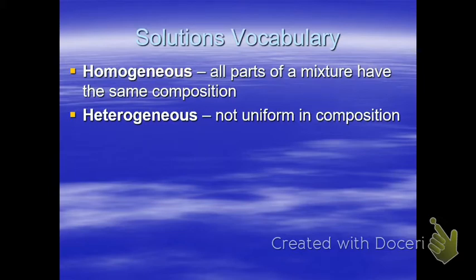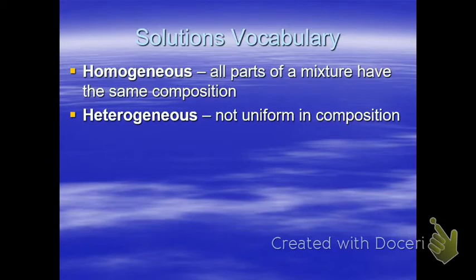Homogeneous means the things that you are mixing are evenly mixed, that there's a uniform composition through this mixture. Like if you dissolve lemonade powdered mix into a gallon of water and you stir it up and stir it up and the lemonade powder all dissolves, that would be a homogeneous mixture.